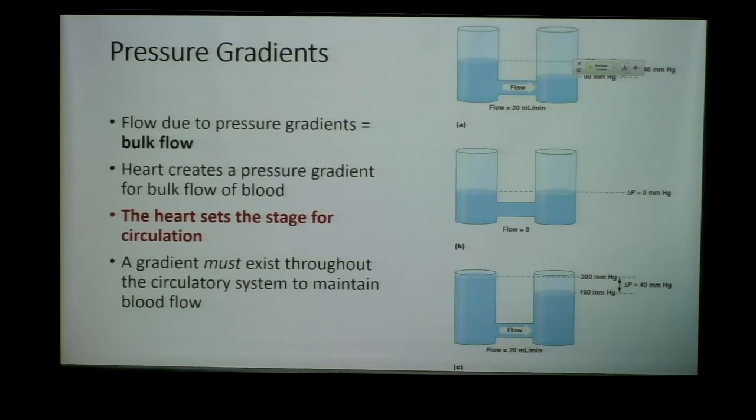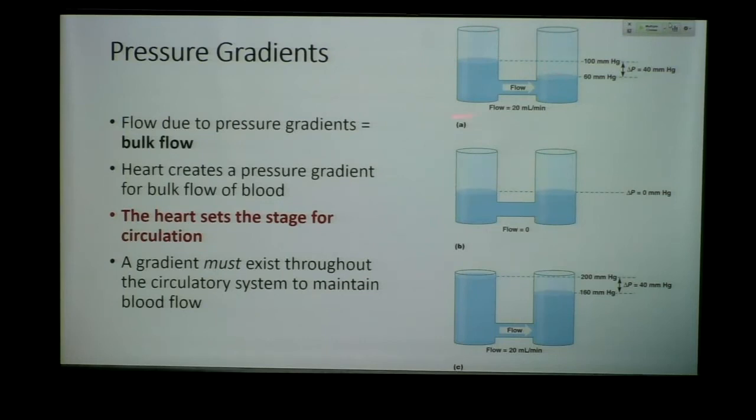Let's look at the schematic diagram here on the right. So the first part of this image, image A here, is showing two different containers.